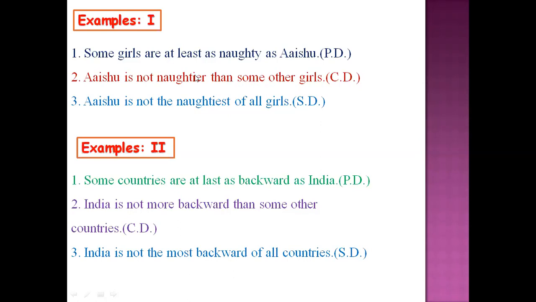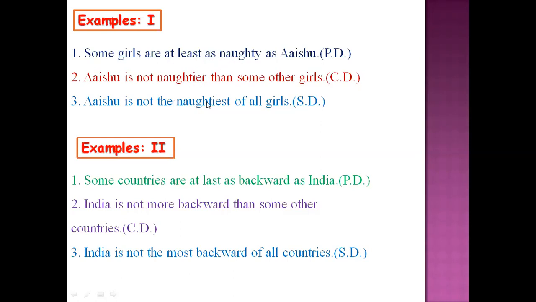In this way we can use the structure in PD, CD and ST. Aishu is not naughtier than some other girls. And in superlative degree, how do we change the sentence? Aishu is not the naughtiest of all girls. You see here naughty, naughtier, and naughtiest.